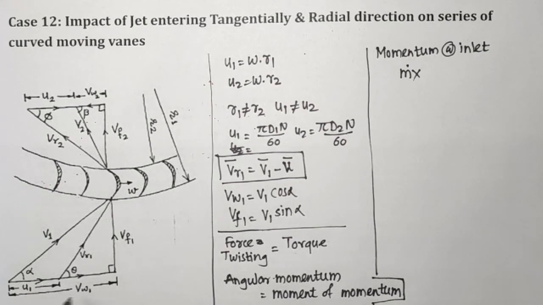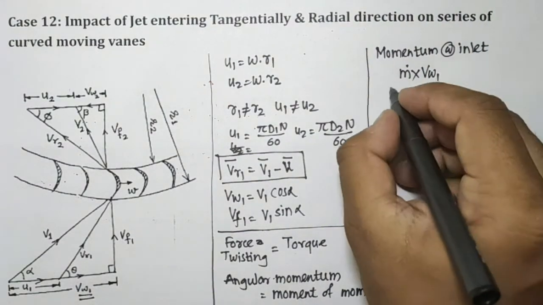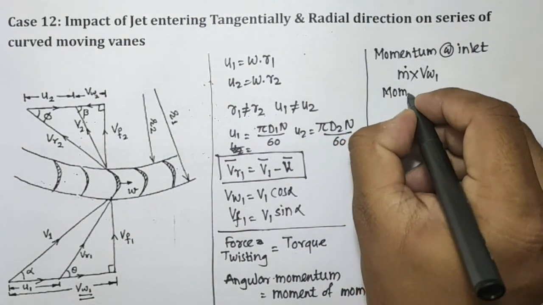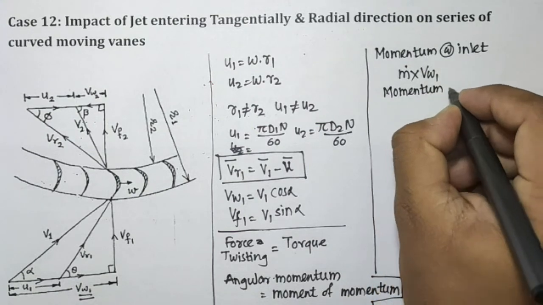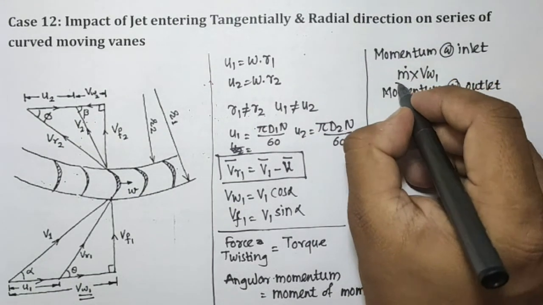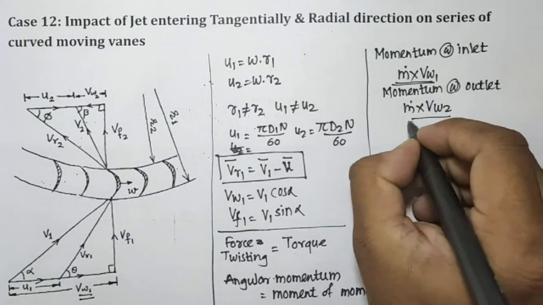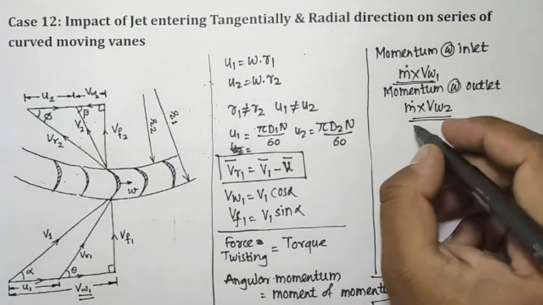This component of velocity causes the momentum, so it will become m dot Vw1, and the momentum at outlet will be m dot into Vw2. Okay, so these two momentums are there.